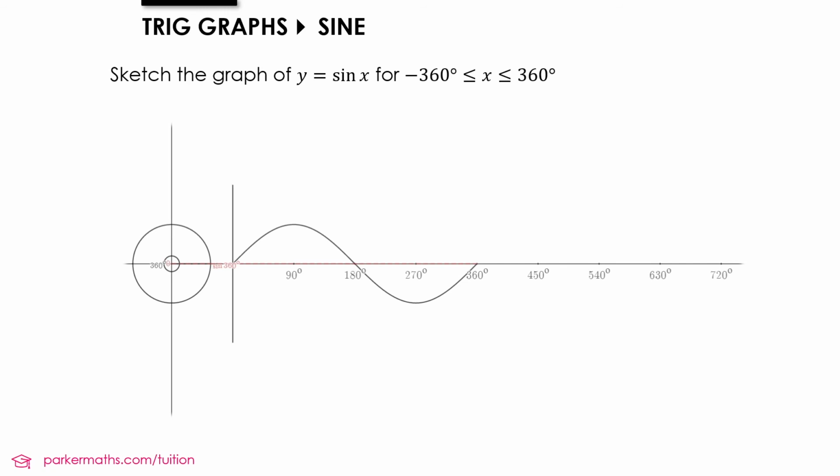But there's nothing here to stop us extending this graph. There's no reason we have to stop at 360 degrees. We can continue to go round the circle as many times as we want. So for example, we could draw the first 720 degrees of this simply by continuing round the unit circle as follows.